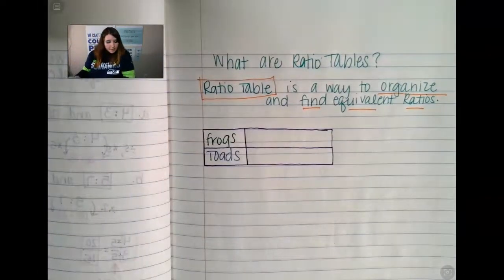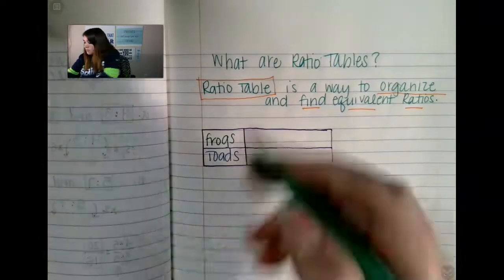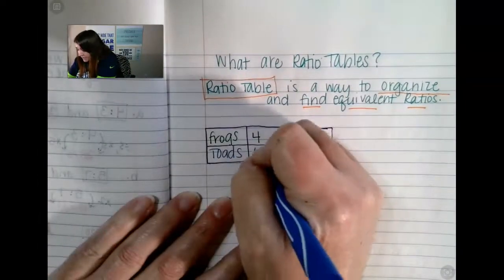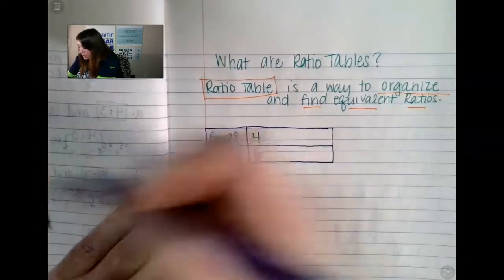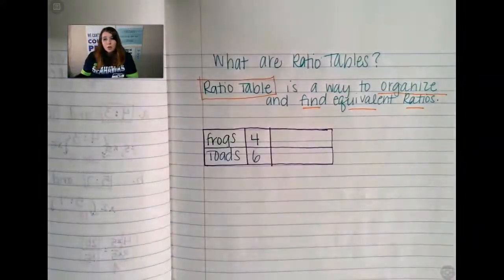So let's say that we had 4 frogs and 6 toads. So for every 4 frogs that we have, 6 toads. This right here is our initial ratio.